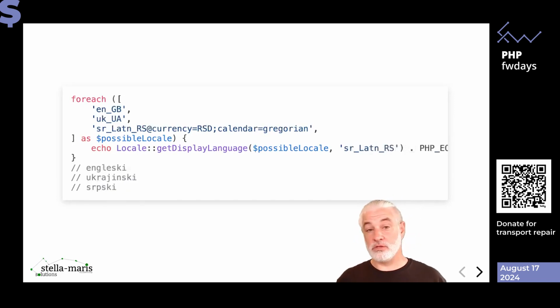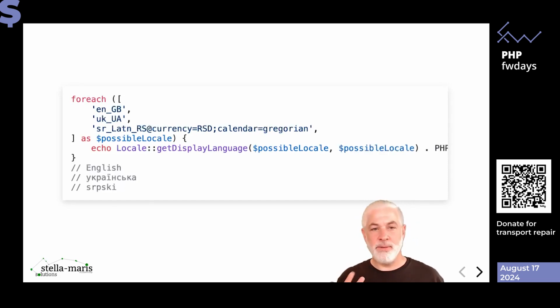And if you want to have that in Serbian, and I'm talking about the Latinized version of Serbian, you do it this way. And it gives you Engleski, Ukrainski, Serbski. So now people can select that if they know the language that they are displayed in here, which they probably don't.